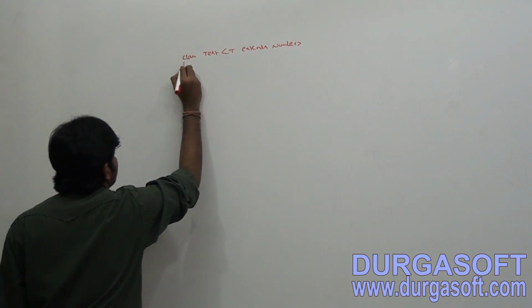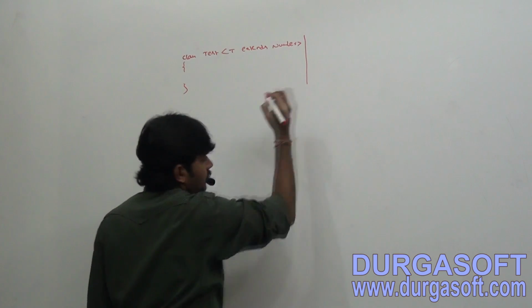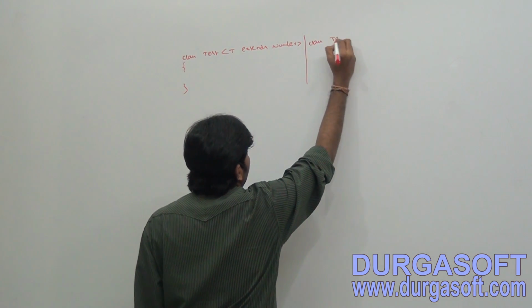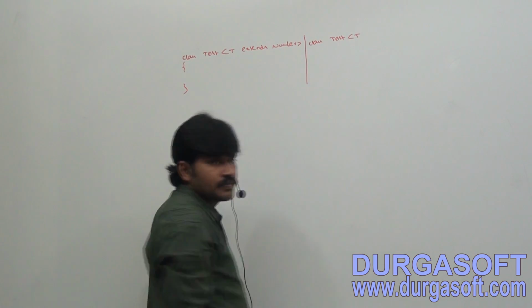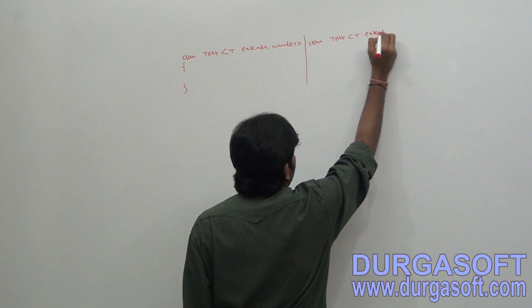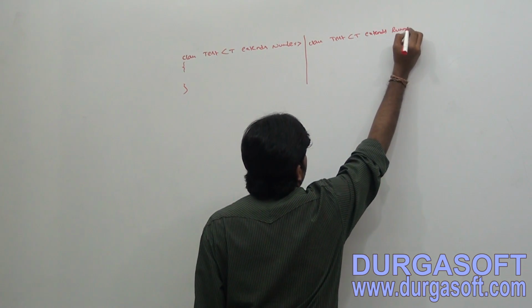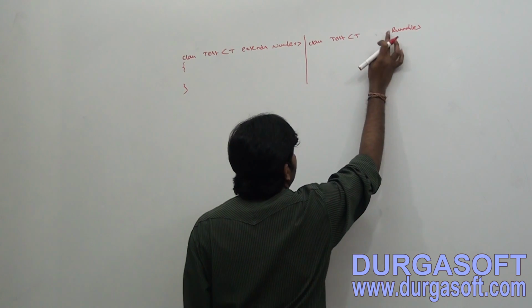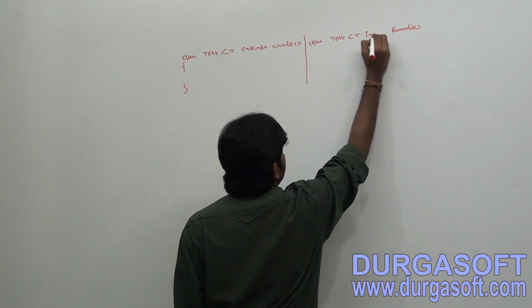Next, class Test of T extends Runnable, or otherwise T implements Runnable.